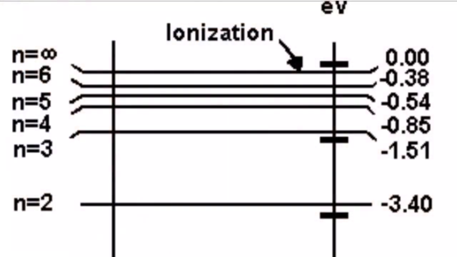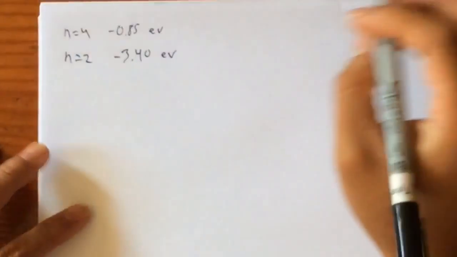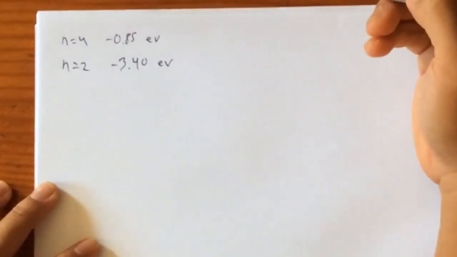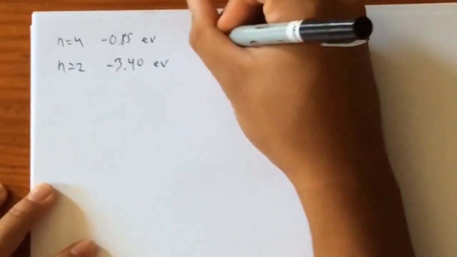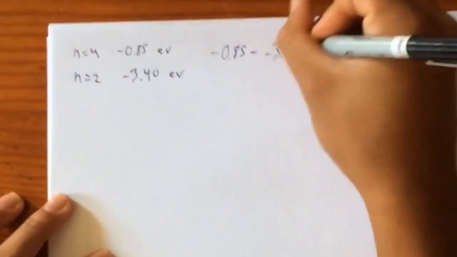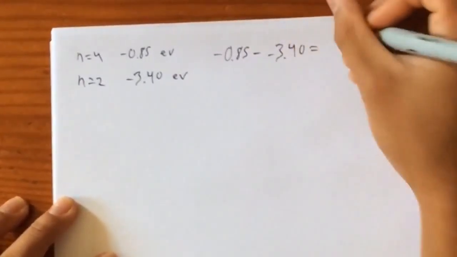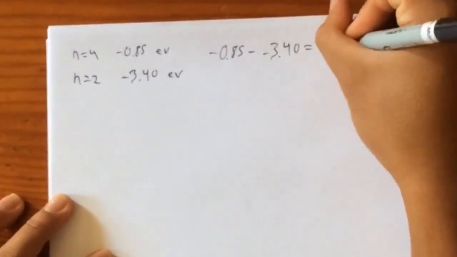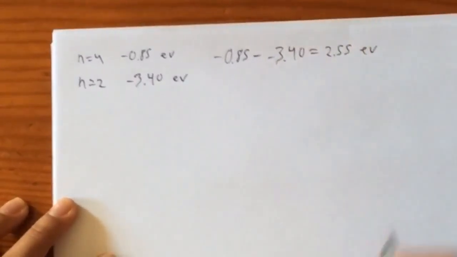Okay, so looking at the energy level diagram for hydrogen, you have at N equals 4, negative 0.85 electron volts, and at N equals 2, we have negative 3.40 electron volts. In order for this problem, we have to find the difference between those two, and for that we're going to subtract negative 0.85 by negative 3.40, and from that we get 2.55 electron volts.